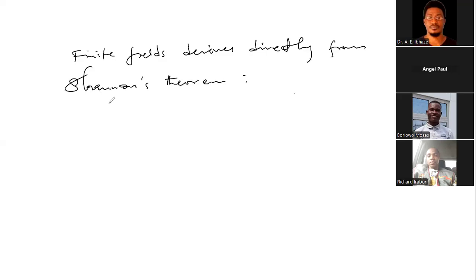And we know that Shannon's theorem guarantees the existence of codes that could be used for information transmission at a rate close to the channel capacity with, say, an arbitrarily small probability of error.